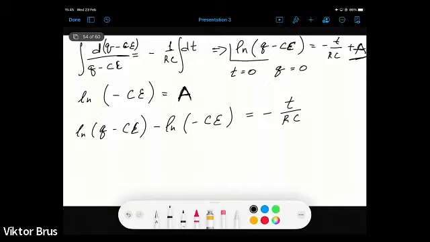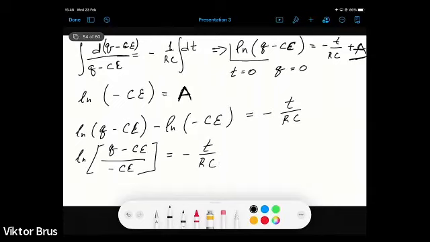Taking into account the features of logarithms, we can write that this is natural logarithm of q minus c times epsilon divided by minus c epsilon, and it is equal to minus t over rc.